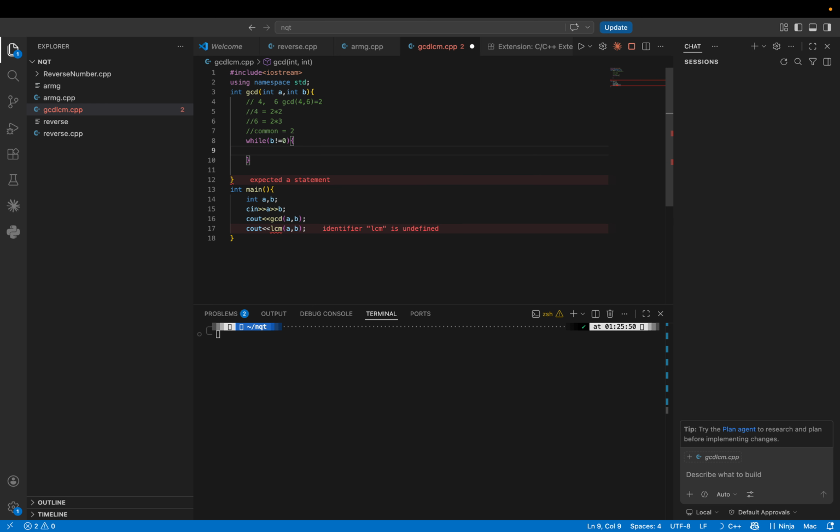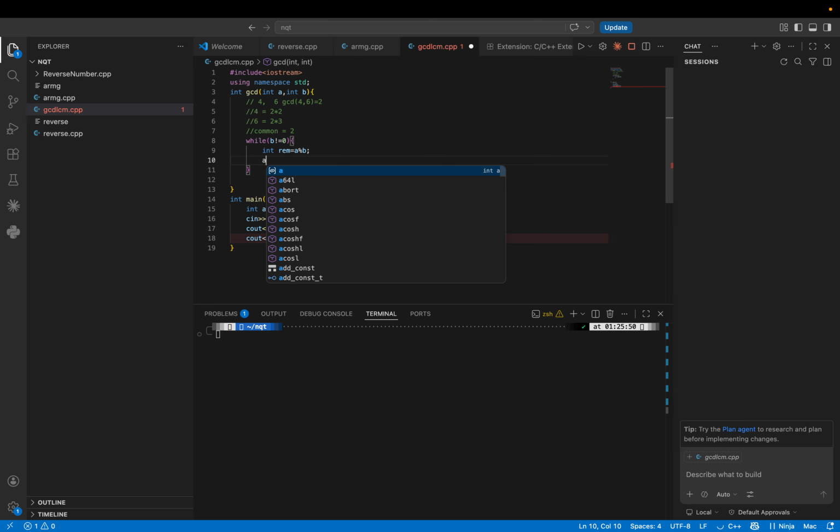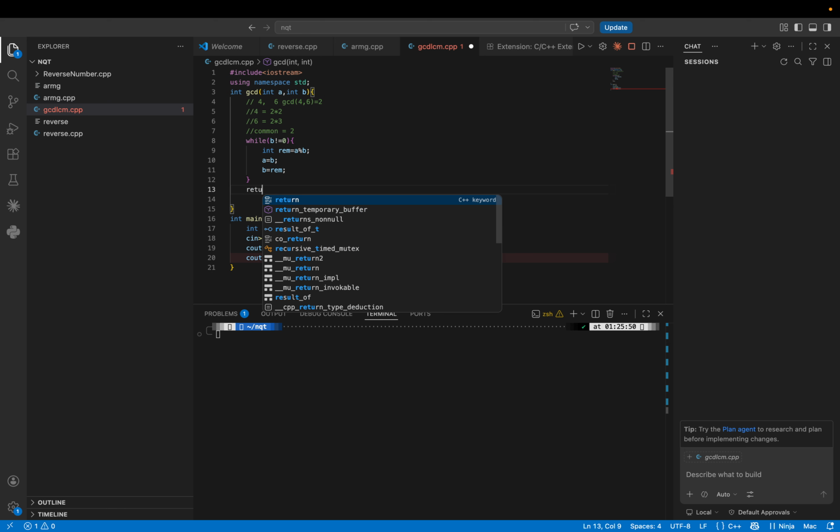So we find the remainder, which is A modulo B. Now A is B, and B is equal to the remainder, and after that we just return A.